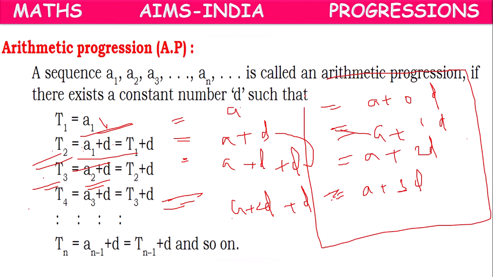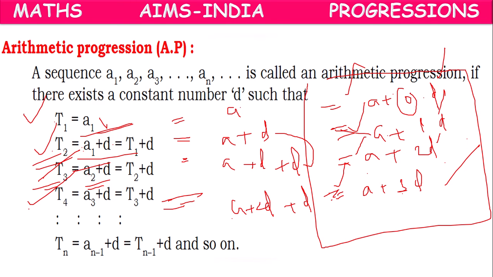If you observe these four terms: T1 formula A + 0D, T2 formula A + 1D, T3 formula A + 2D, T4 formula A + 3D. Here A is constant, D is constant.